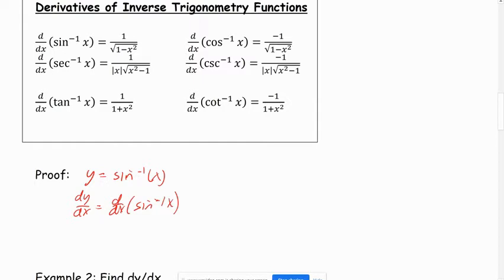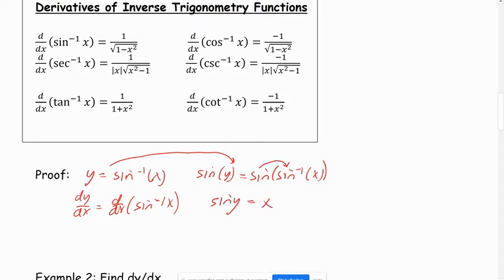Inverses are opposites of each other, and so if I take the sine function of both sides, sine of y equals sine of inverse sine of x. So what I did from this equation, I just took the sine of both sides, and they should be equal. So here I get sine y equals the sine of the inverse sine. Those functions undo one another, and so we just get x.